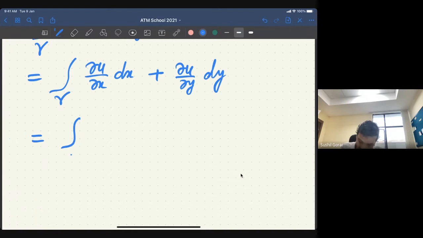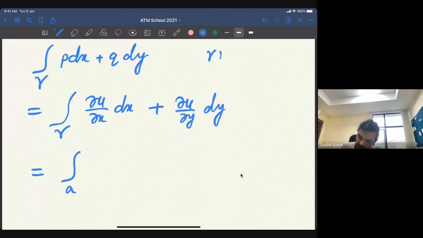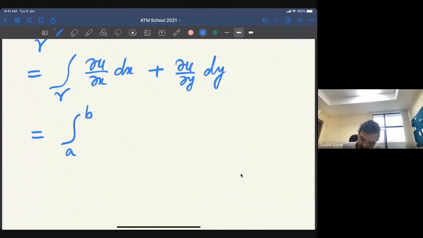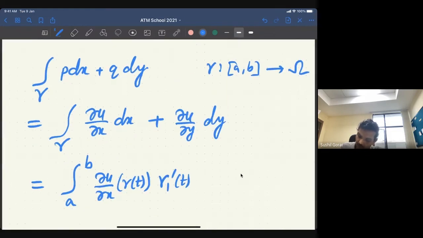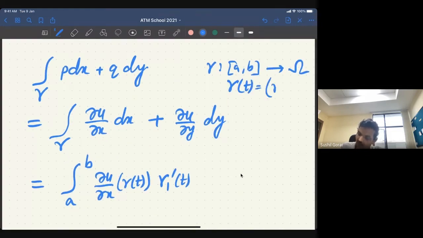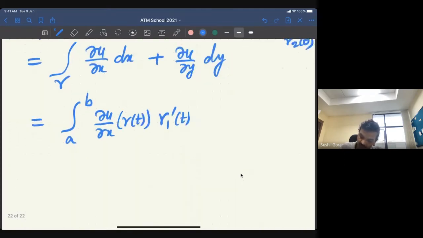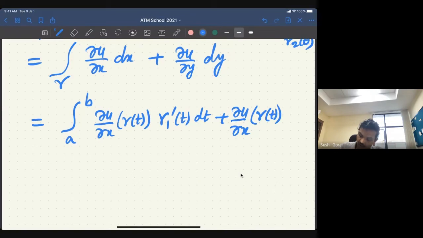So this is the integral from a to b, where gamma is a curve from [a, b] to omega, of del u by del x at gamma t times gamma 1 prime t dt. You see gamma of t is gamma 1 t comma gamma 2 t, right? Plus del u by del x of gamma t times gamma 2 prime t dt.